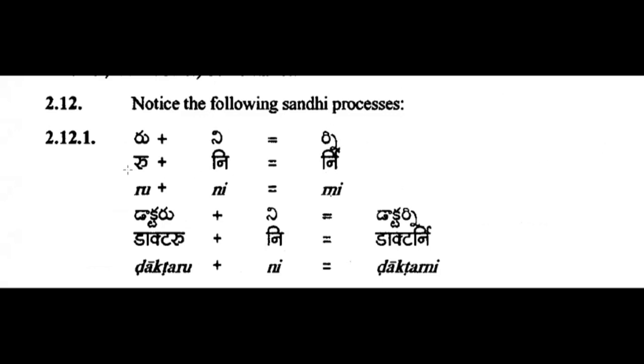Look at the transliteration. Doctoru plus ni becomes doctorni. Similarly, engineer we write in Telugu as engineeru, with the full ru sound. Then ni: nenu engineer ni. When we write, we can combine as nenu engineerni, as it sounds faster.